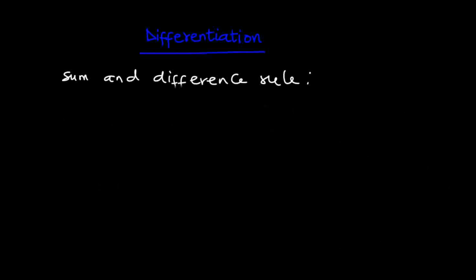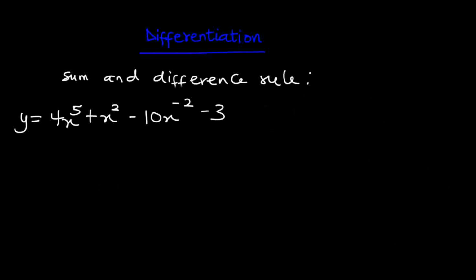Okay, so I have the next example here. We have y equal to 4x to the power 5 plus x to the power 2 minus 10x to the power minus 2 minus 3. So we are going to take the derivative of this function here.